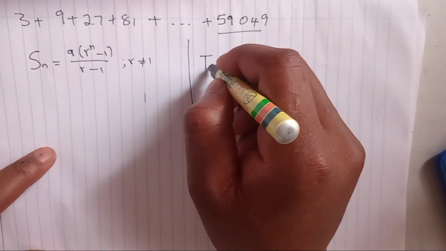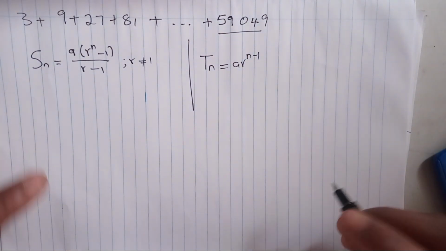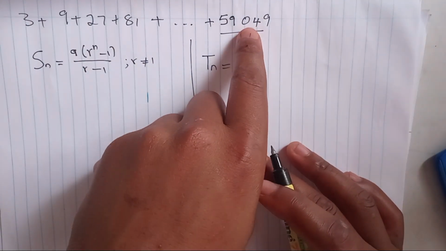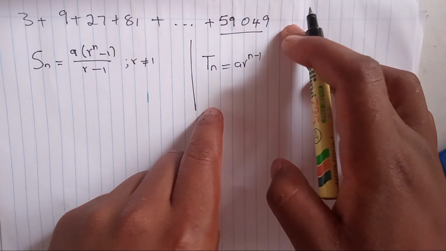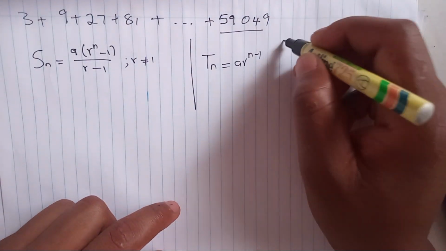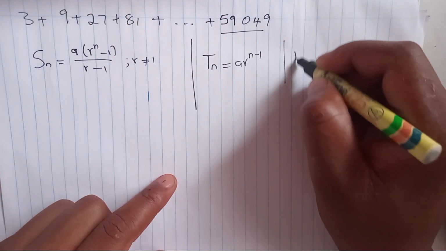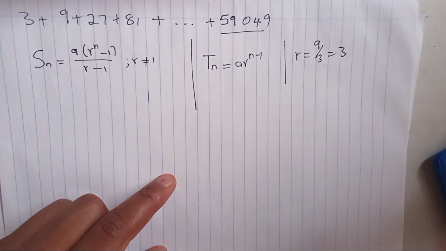We're going to use the formula Tn is equal to a r exponent n minus 1. That's how we're going to get the number of terms of this series, because we know the last term. So now, let's get the ratio here. The common ratio r is going to be equivalent to 9 over 3, which is equal to 3.